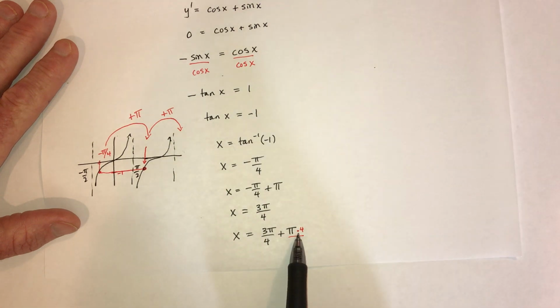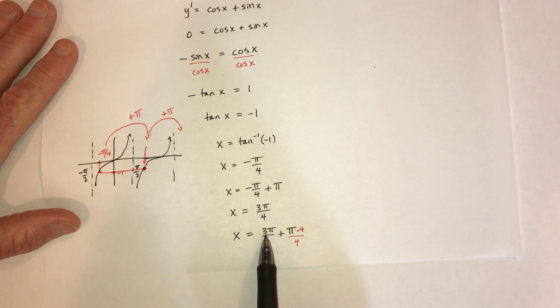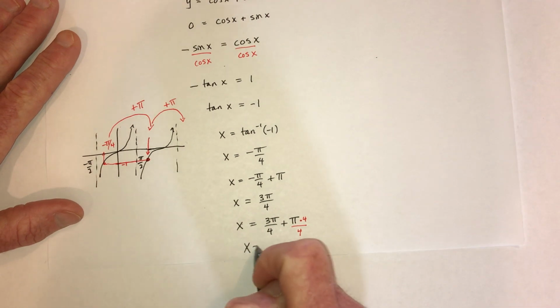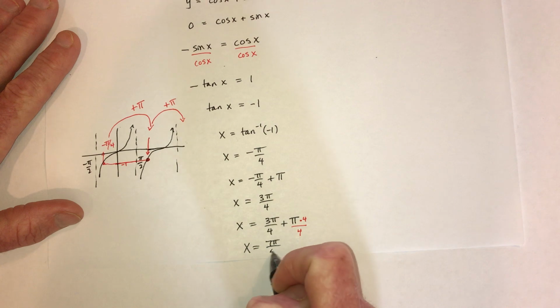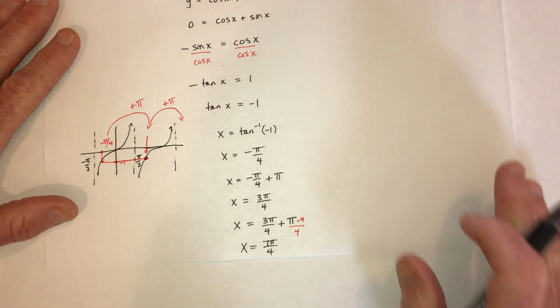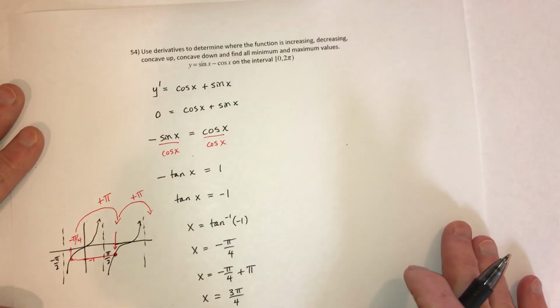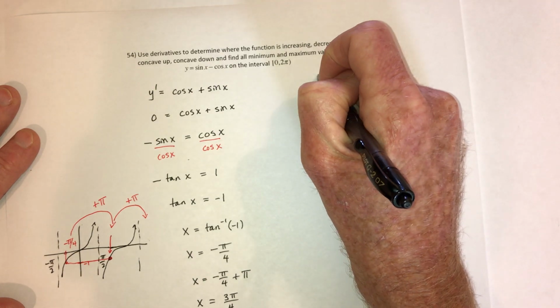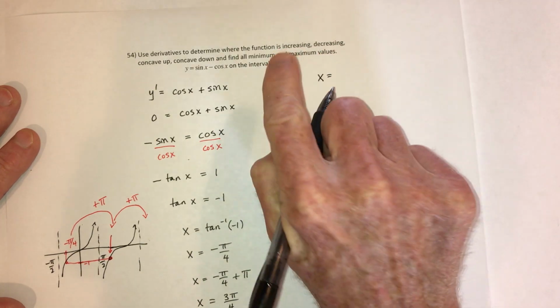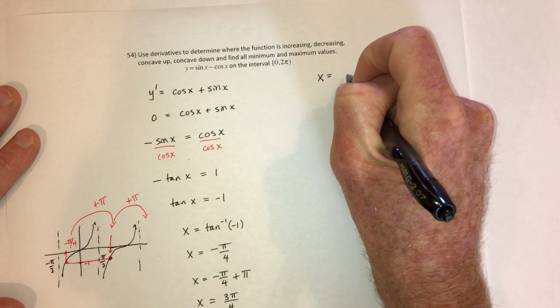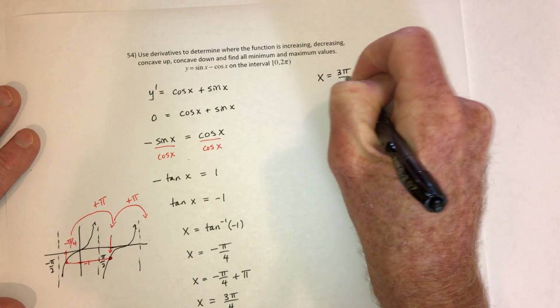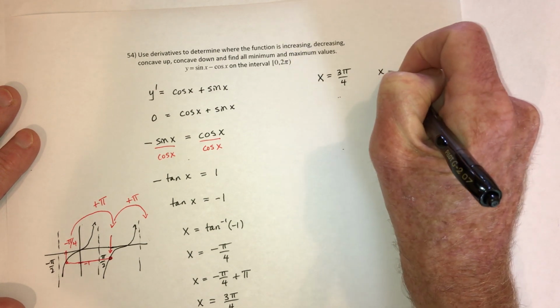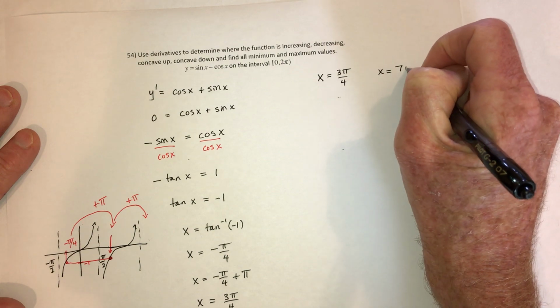And then this will be 4 pi over 4 plus 3 of them is 7 pi over 4. All right, so the important numbers that we got for the first derivative, at least in this interval, are 3/4 of pi, and then also 7 pi over 4.